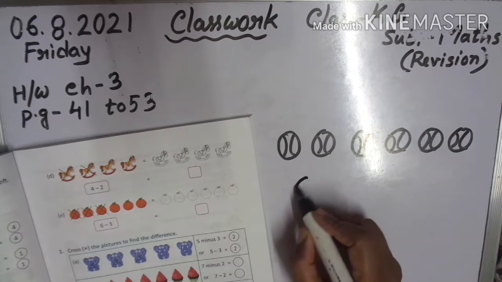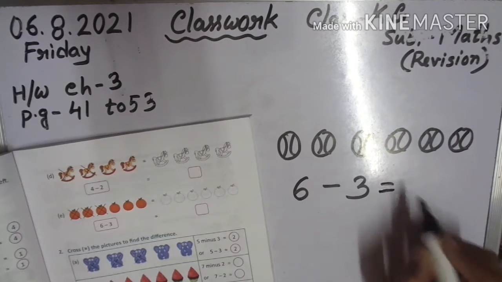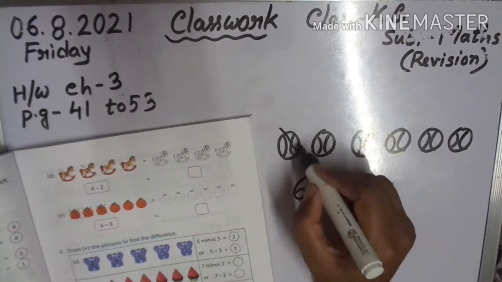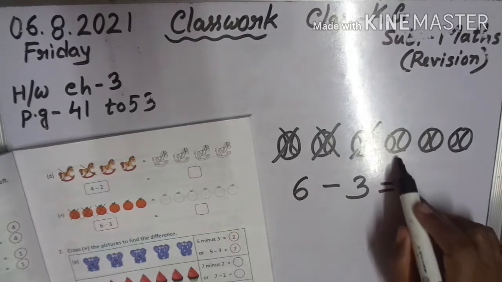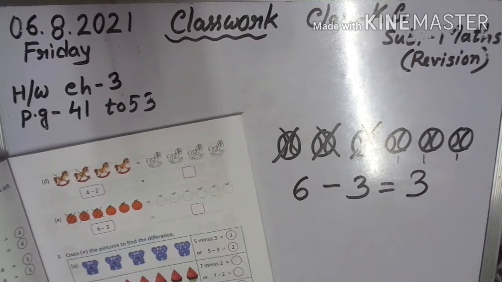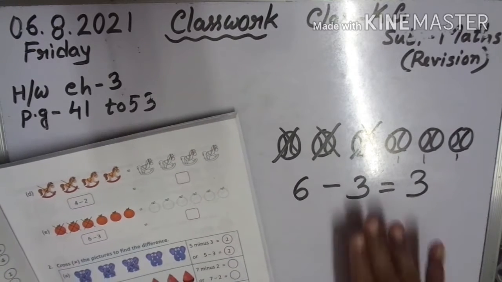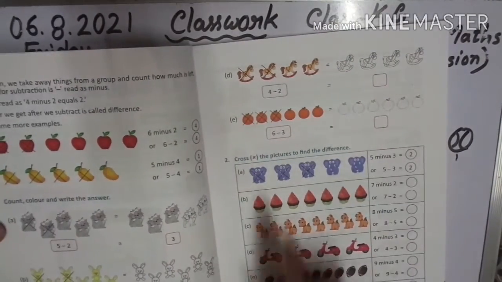So 6 minus 3 is equal to, minus sign. So 1, 2, 3. So left 1, 2, 3. So answer, minus subtraction. Minus means subtraction. It's very easy.